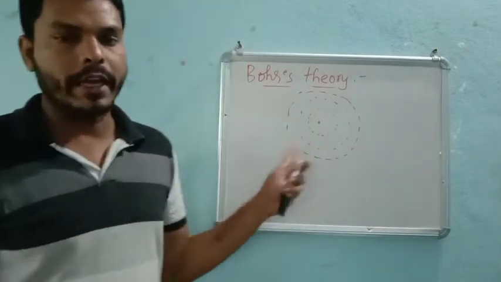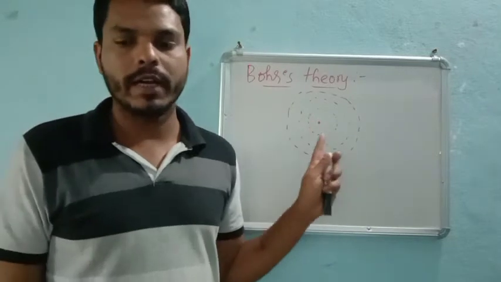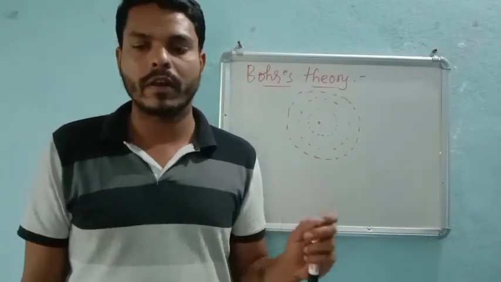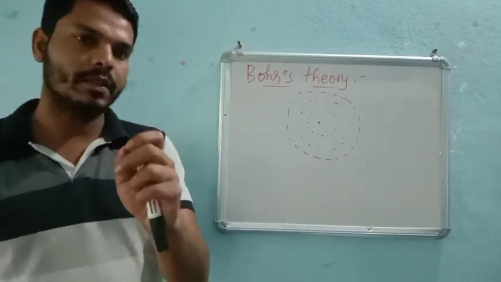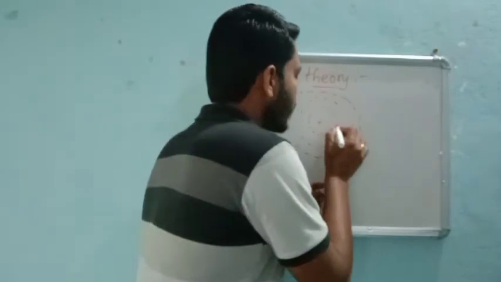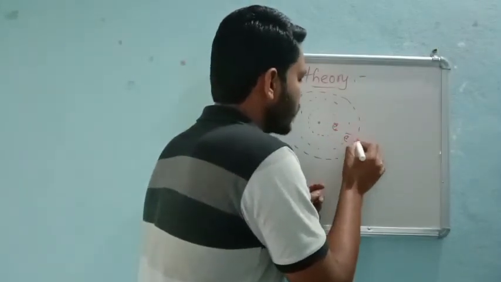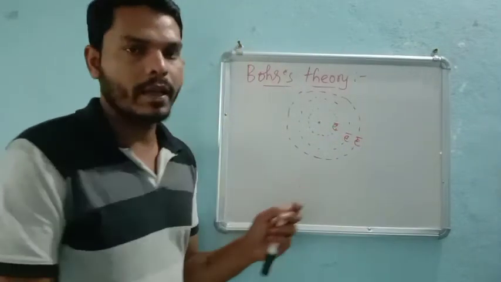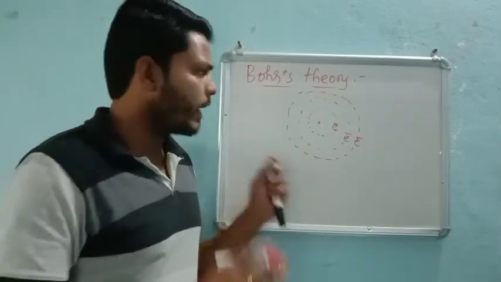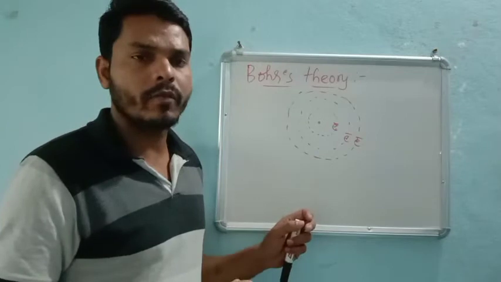Each orbit is associated with some amount of energy, called an energy level. That means each shell is associated with some amount of energy.